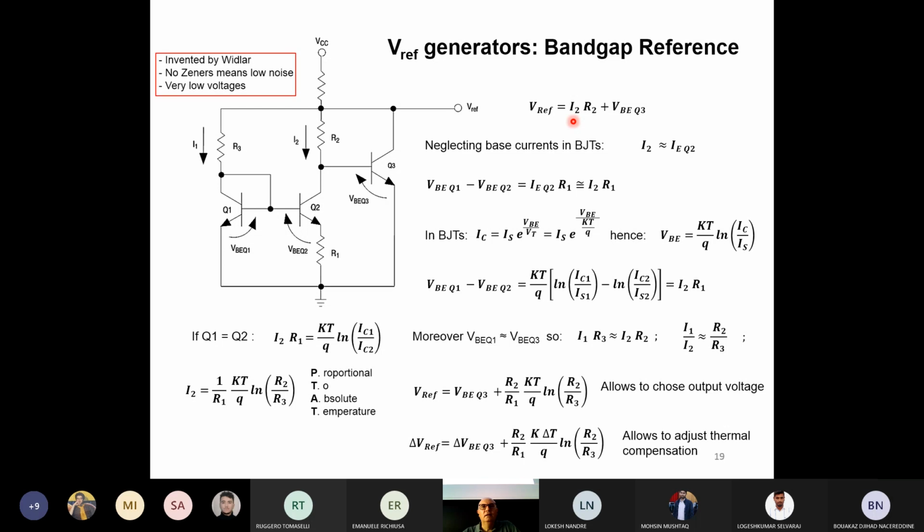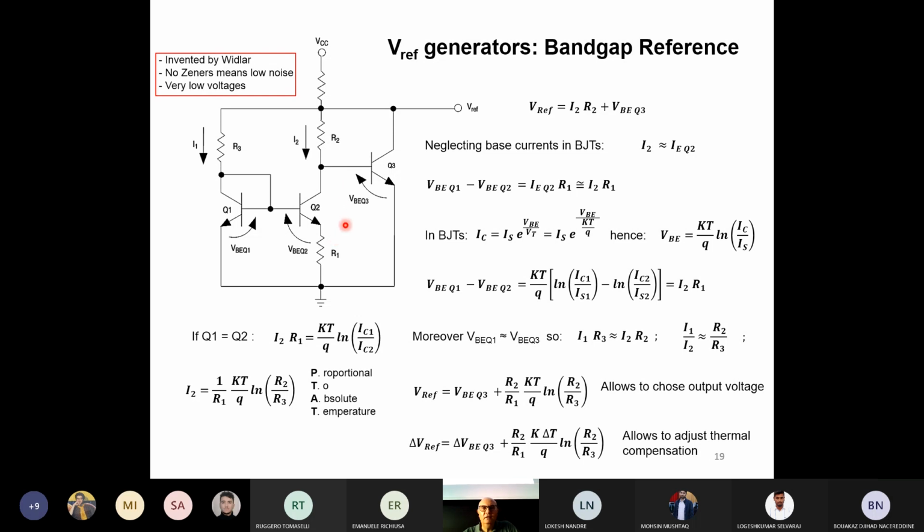For calculating the current I2, we can observe that this current, I2, is the collector current for Q2, but it also is basically the emitter current. We are neglecting the base current of Q2. So we definitely must have a look at this combination Q1, Q2.